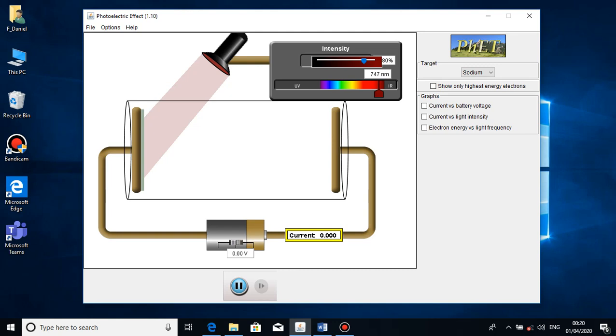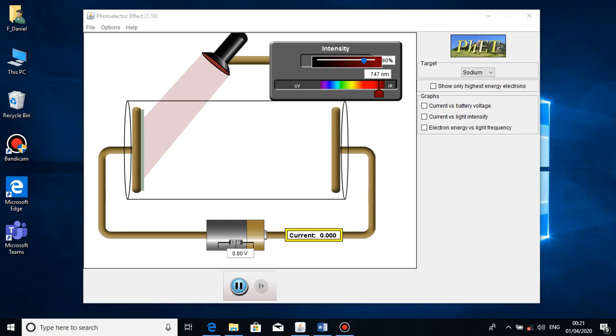When the photon reaches the plate and there is an electron on the surface bound to the surface by a very small quantity of energy, but the energy of the photon is less than this quantity that binds the electron to the surface, then this photon cannot extract the electron, because the electron is bound to the surface by more energy than that given by the photon.